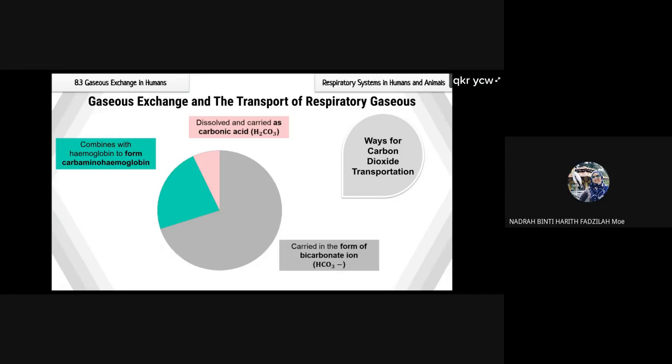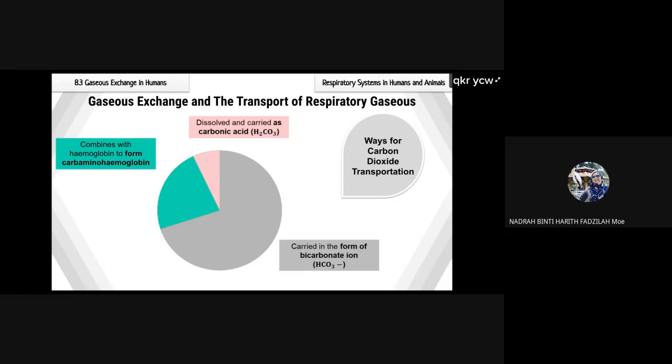What do I mean? For carbon dioxide, number one, it can combine with hemoglobin to form carbaminohemoglobin. And then it can also dissolve and be carried as carbonic acid, but most of it is carried in the form of bicarbonate ion and H+.